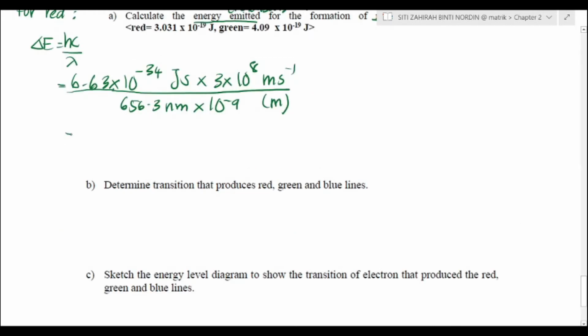So you are left with the delta E 3.031 times 10 to the power of minus 19 joule.